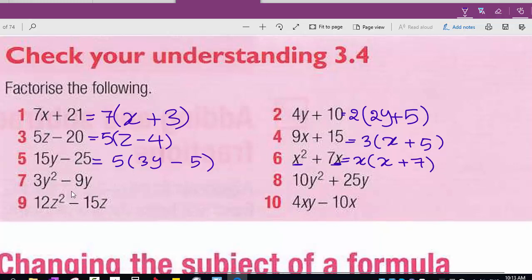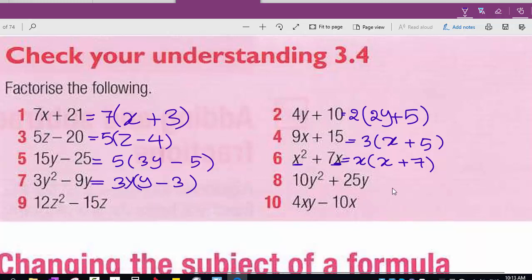Question 7, this time we have a common number between 3 and 9, which is 3. And as you see, y is in both terms, so definitely y is a common factor. Now, if we take out 3y from this term, only y will remain, minus 9 divided by 3 is 3, and the y went out, because this y is power 1 and 1y is out, so that's it.